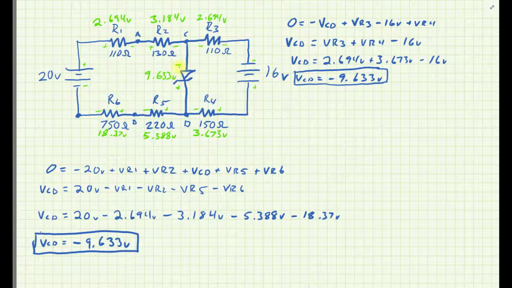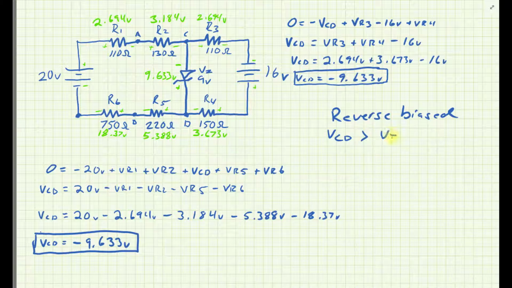If you remember, the rating VZ was 9 volts. That means that I'm reverse biased. My result, VCD, is greater than VZ.